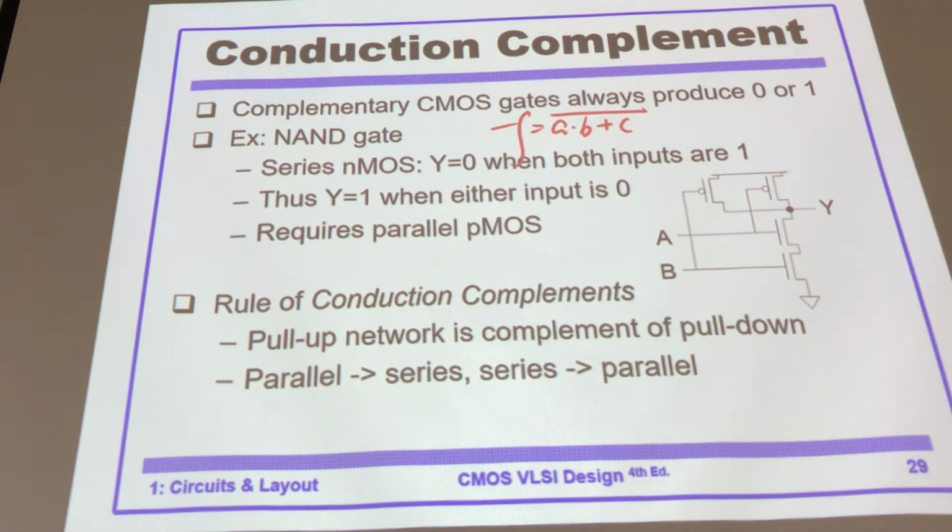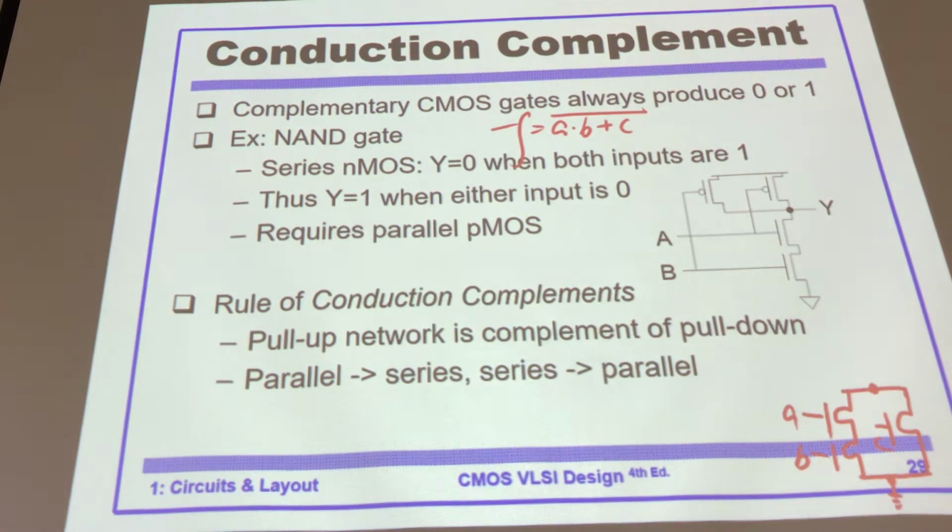So A and B are ANDed together, meaning they should be in serial. The other one, C, ORed together, means it should be in parallel. That's for the pull-down network, the N network. For the P network, as I said, they are complements of each other.